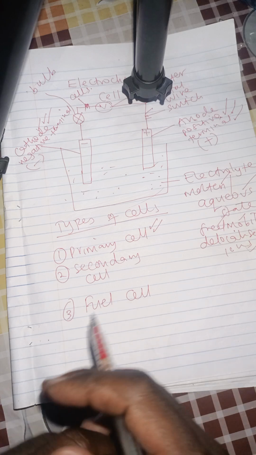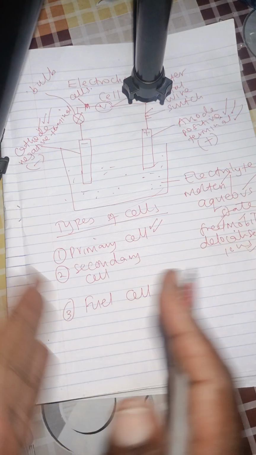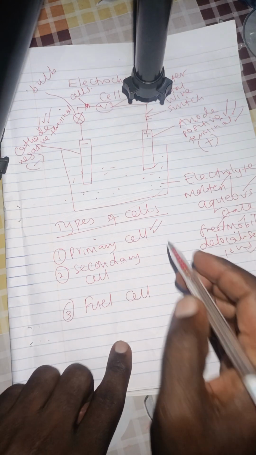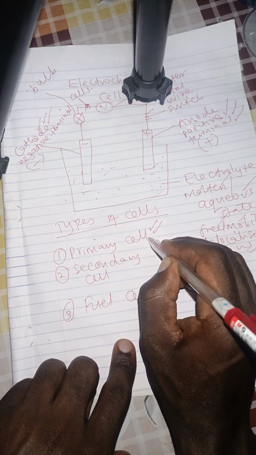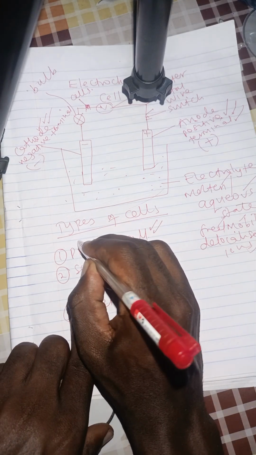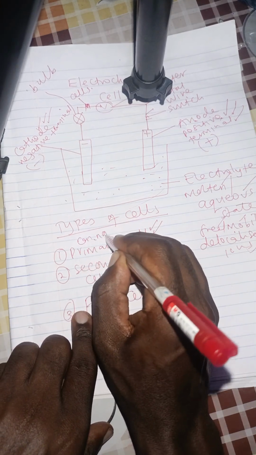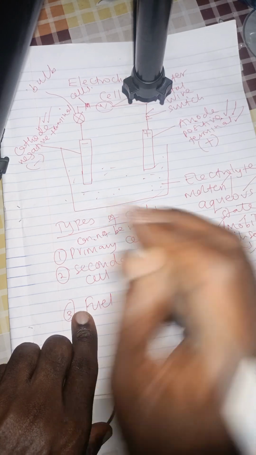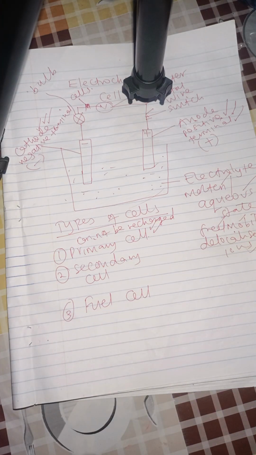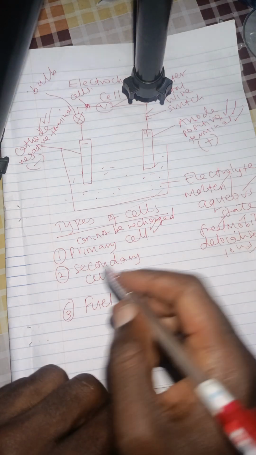And just a brief explanation of these three types of cells is that a primary cell is non-rechargeable, so it cannot be recharged. This is a cell that you cannot recharge.